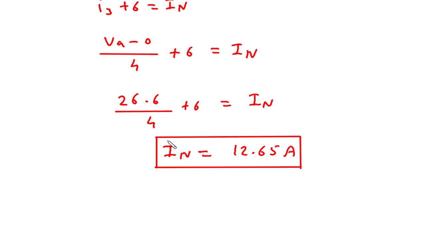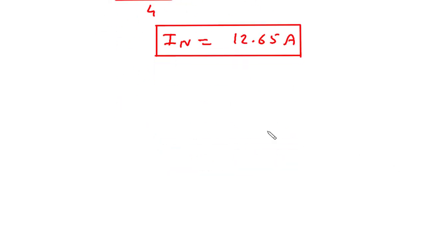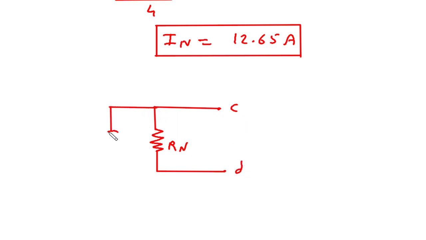Now we have the value of IN and RN. From this we can draw the Norton equivalent circuit. So this is RN, and this is terminal C and D, and this is IN.